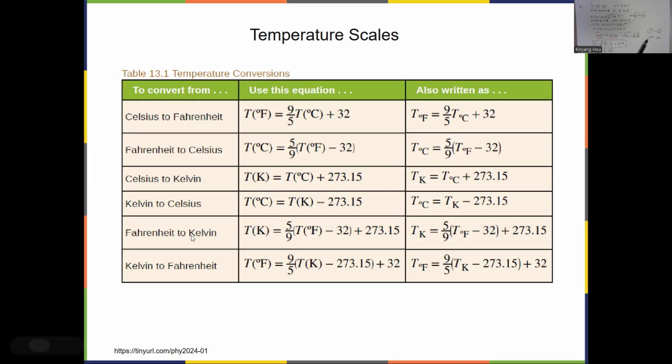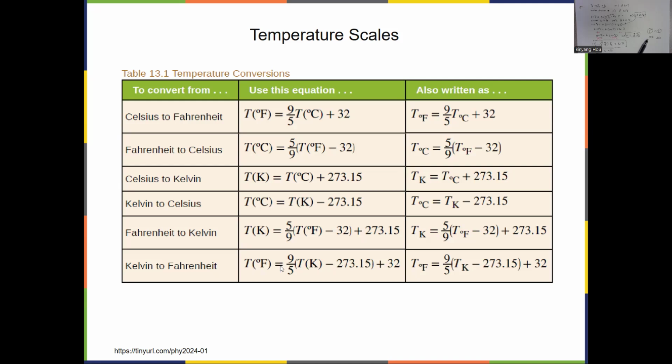From Fahrenheit to Kelvin, this is the equation.